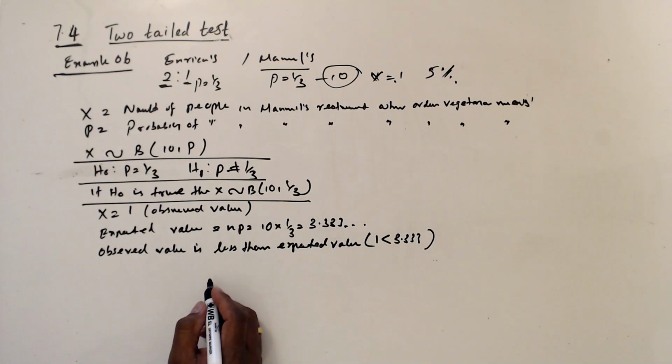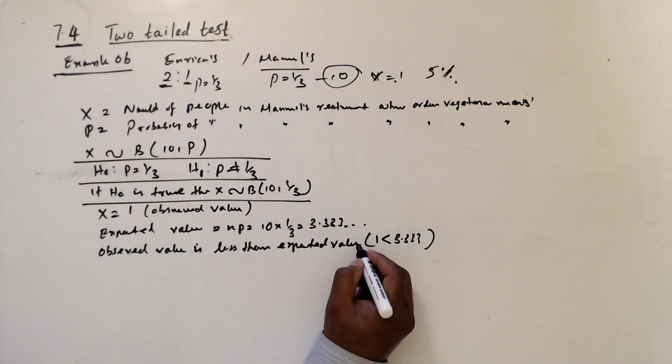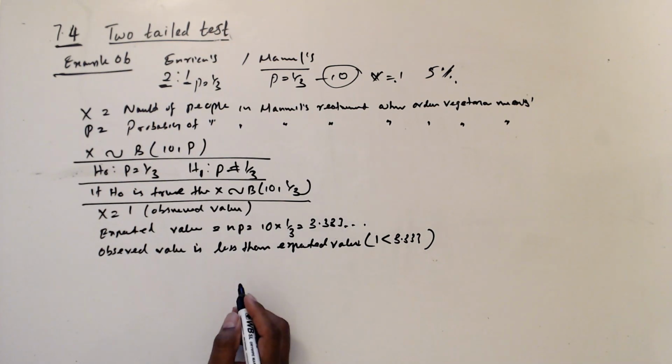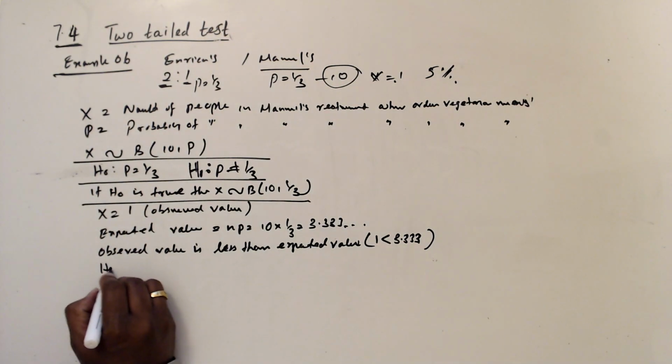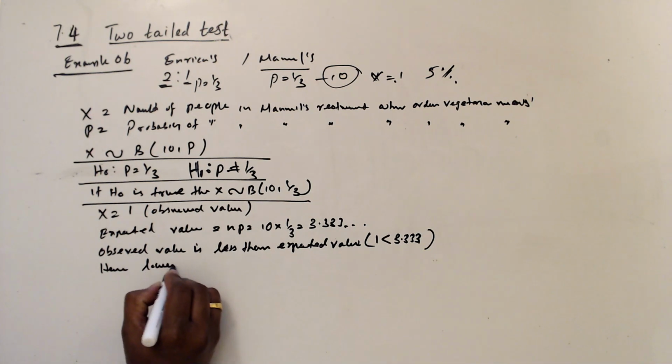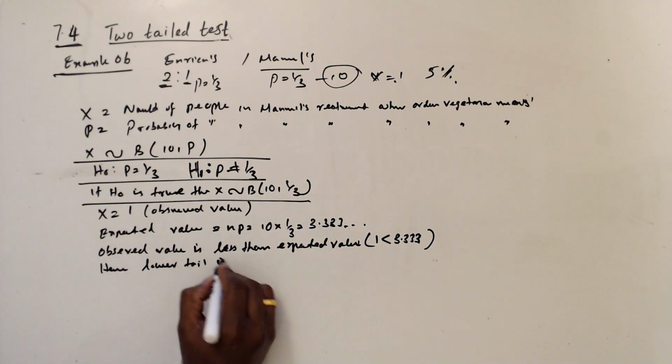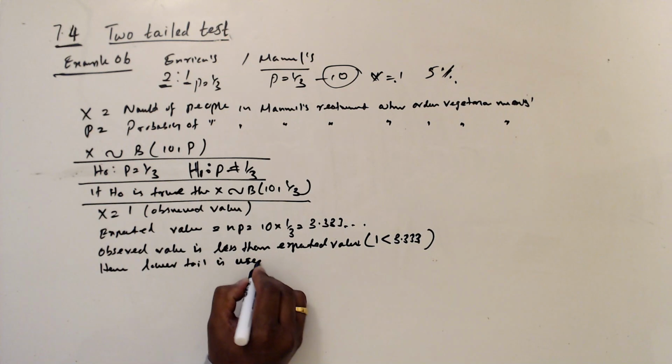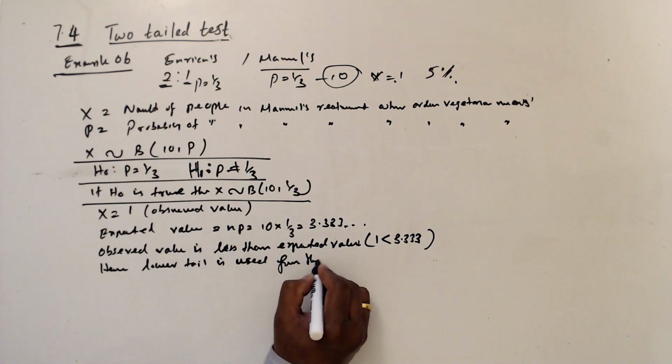The observed value is less than the expected value, hence the lower tail is used for the calculation.